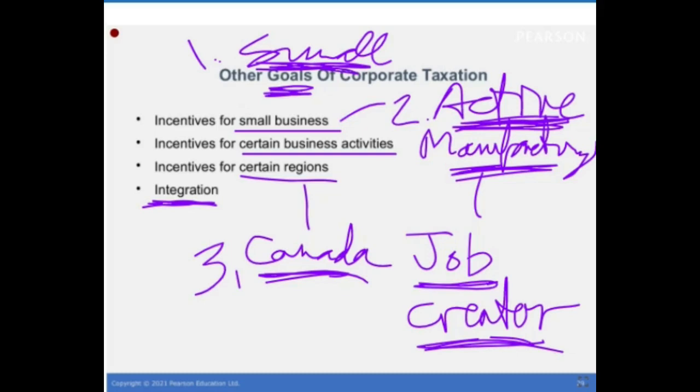Integration we're going to pick up in chapter 13, in a little more detail in the next chapter.